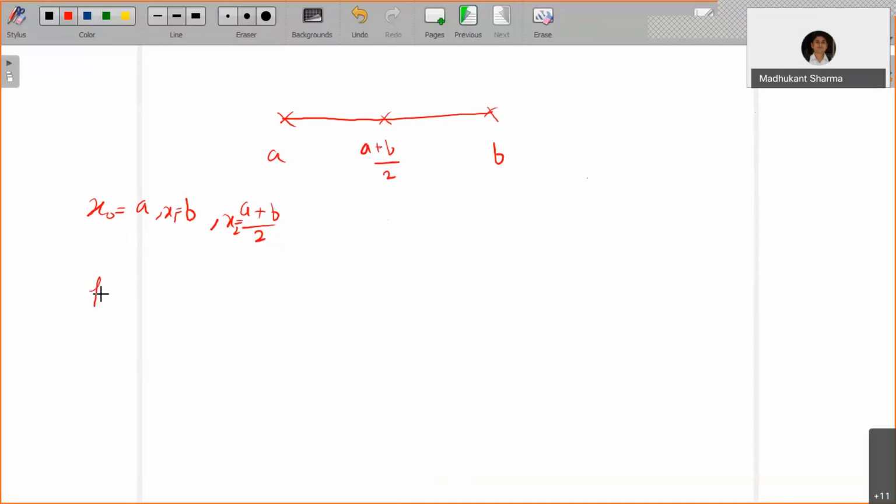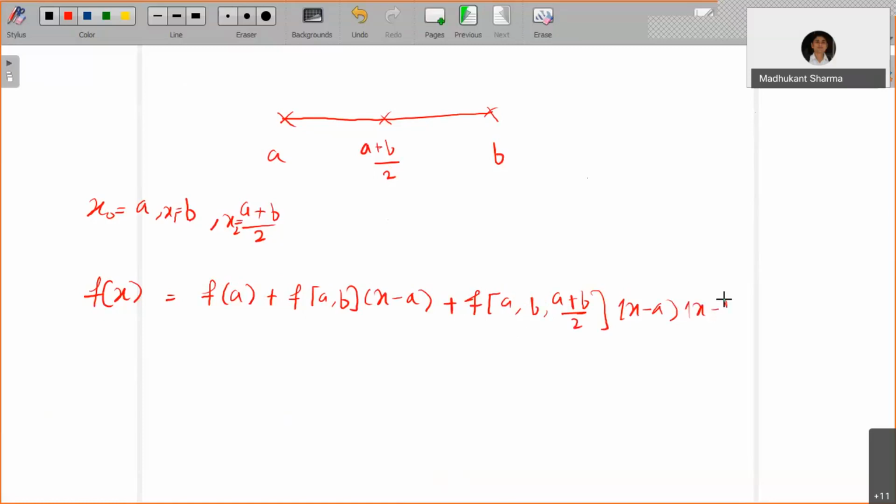So by using polynomial interpolation, f of x is f of a plus f of a comma b times x minus a, plus f of a comma b comma a plus b by 2 times x minus a into x minus b, plus the other term, which is the error term: f of a comma b comma a plus b by 2 comma x times x minus a into x minus b into x minus a plus b by 2.